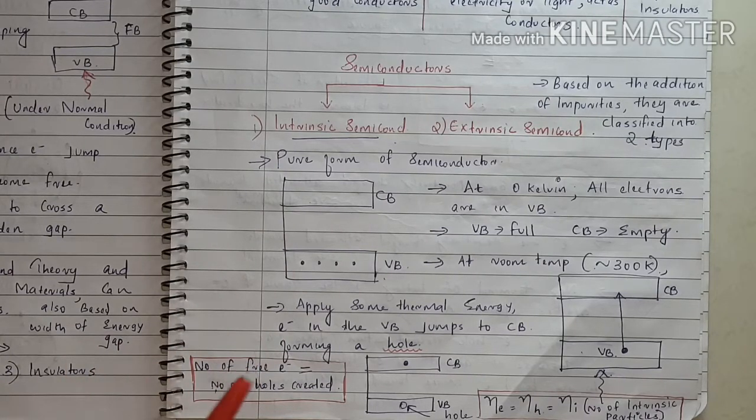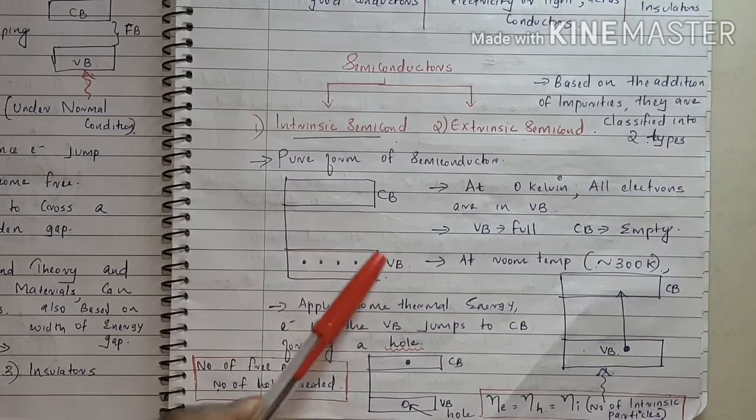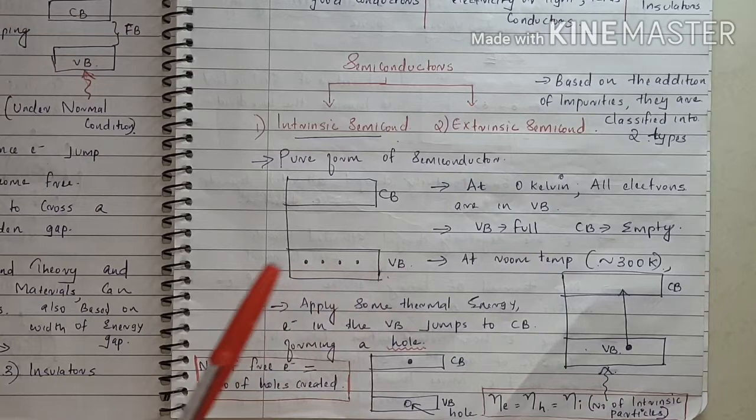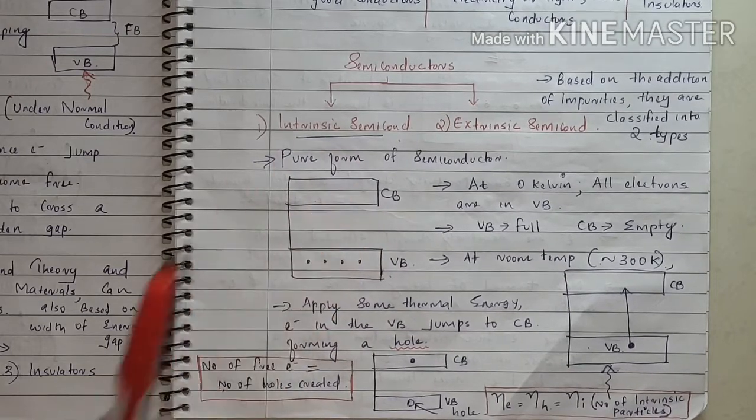At 0 degree Kelvin, all electrons are in the valence band. That is, the valence band is full and the conduction band is empty.